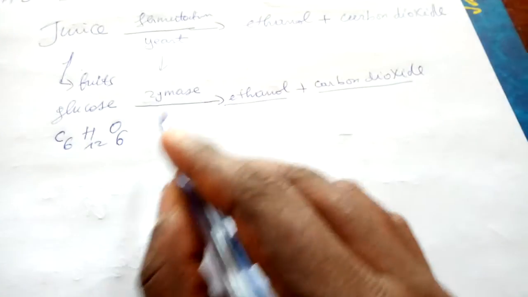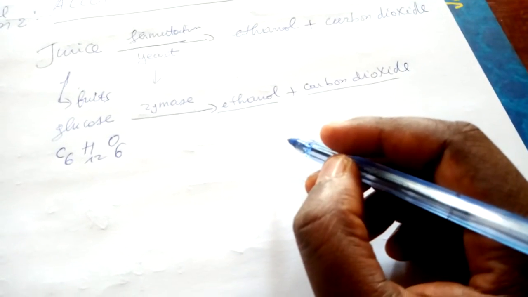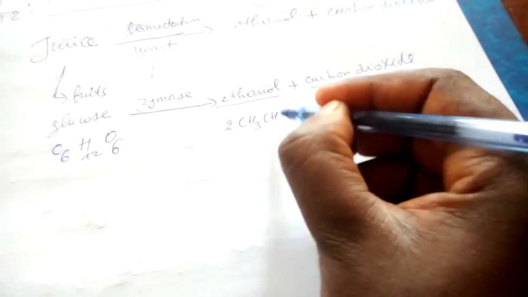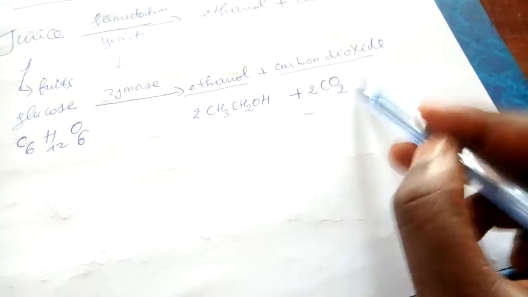In contact of zymase, which is coming from the yeast, it is an enzyme, we can have 2 moles of ethanol, and the second 2, when we have 4 atoms of carbon, other 2 are converted into carbon dioxide. You find that we have 2 oxygen, 4 oxygen, and we have 6 atoms of oxygen.